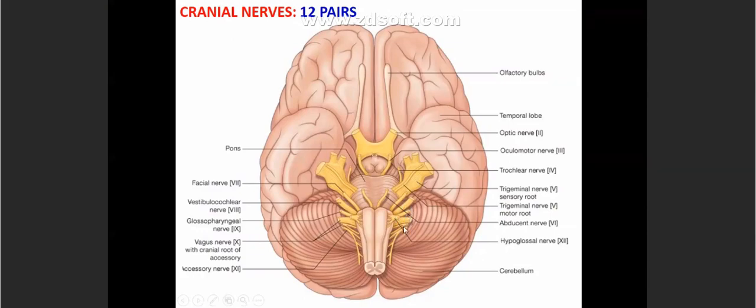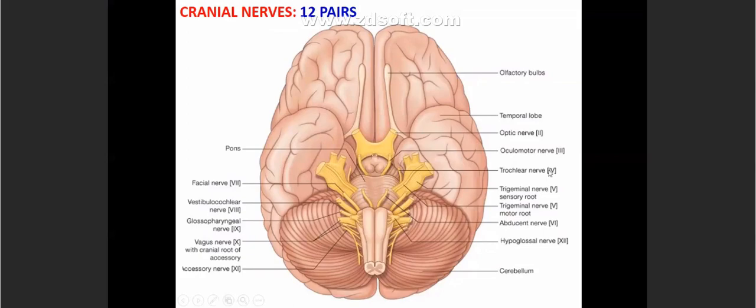We'll see each of them one by one. If you take this one as the median plane, just look at one side of the brain. This is the first cranial nerve, the olfactory nerve. The second cranial nerve, optic nerve. The third cranial nerve, oculomotor. The fourth cranial nerve, trochlear. By the way, they are numbered using Roman numerals. So the fourth one, trochlear.